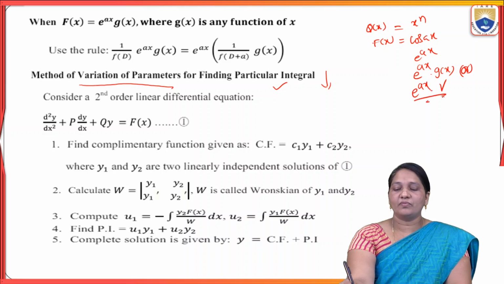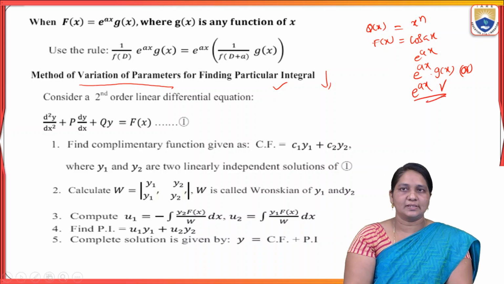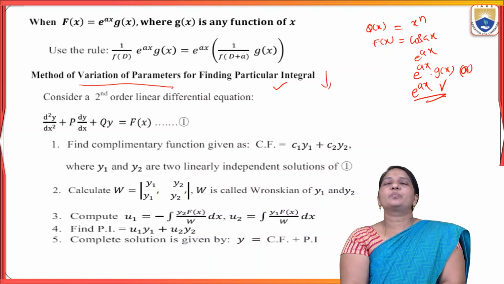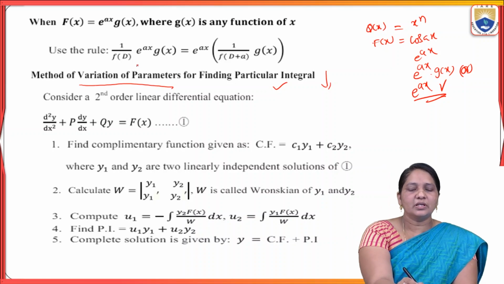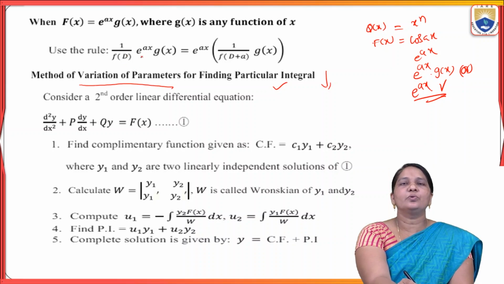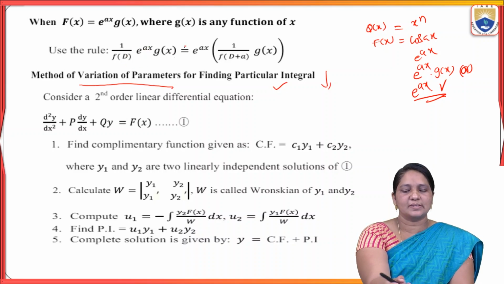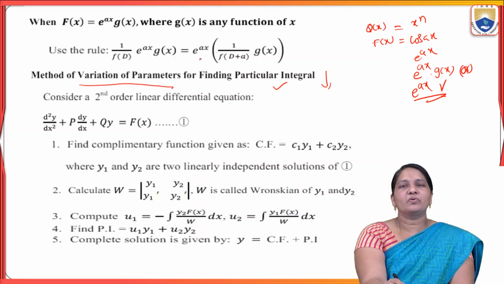If you are having a form like this in place of q of x or f of x, what is the procedure, or what are the formulas we are going to follow? Here you can see, the rule is 1 by f of d into e power ax into g of x. Here, first we have to take e power ax out.